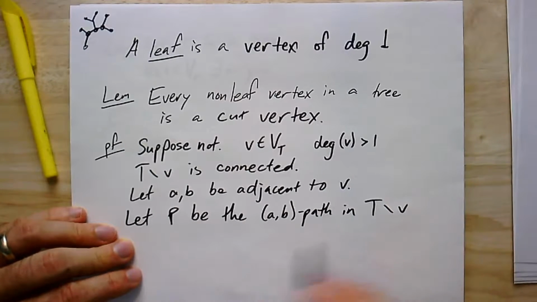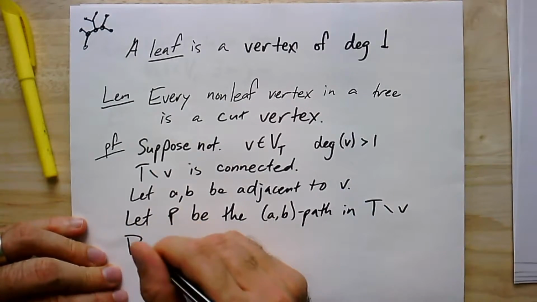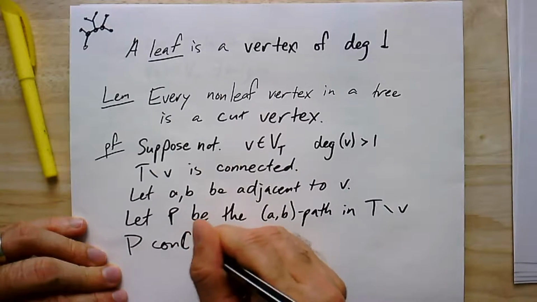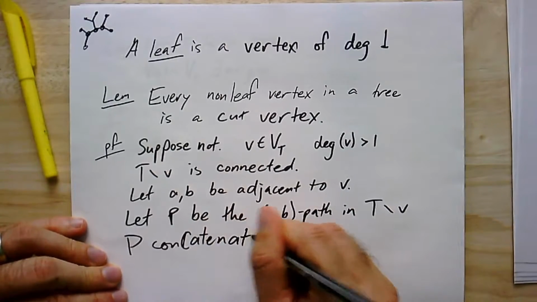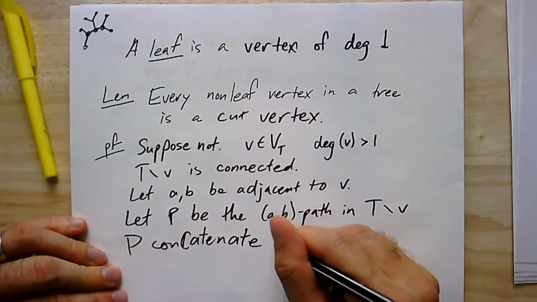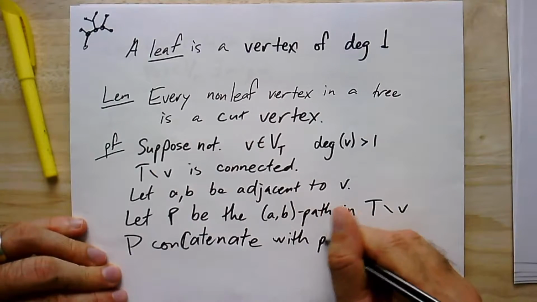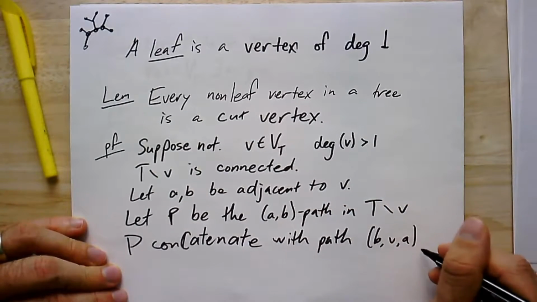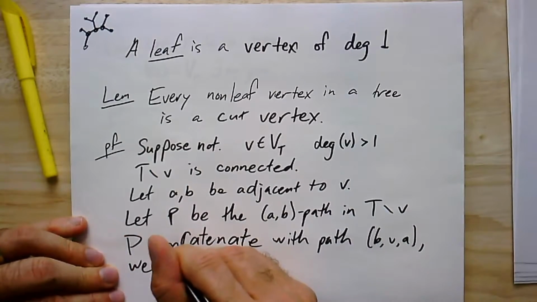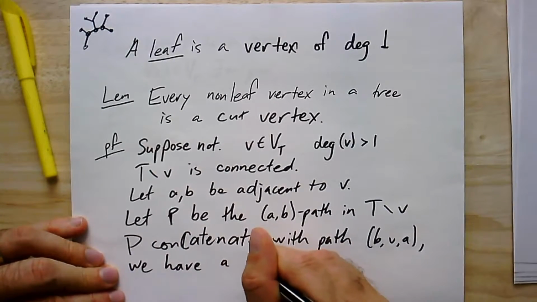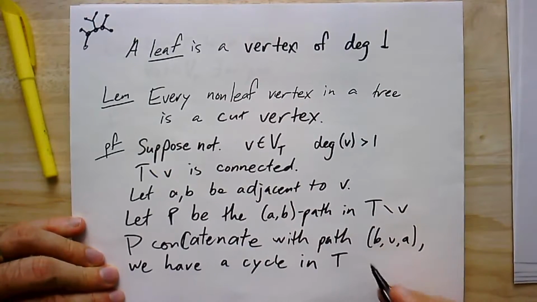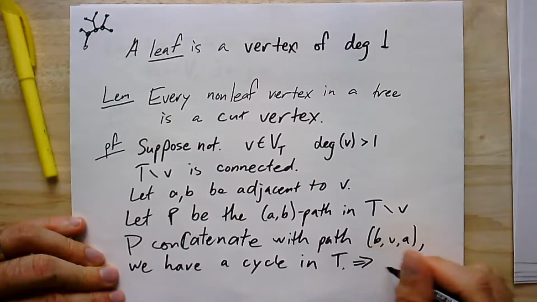And now P, if we concatenate it, remember that means gluing 2 paths together, with the path that goes B to V to A, we have a cycle in T. Now, by definition, T is a tree and therefore has no cycles, and so this is a contradiction.